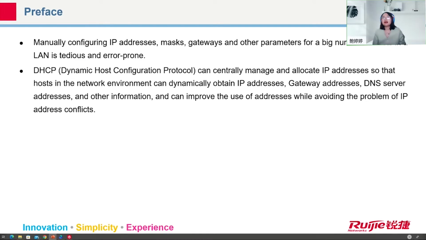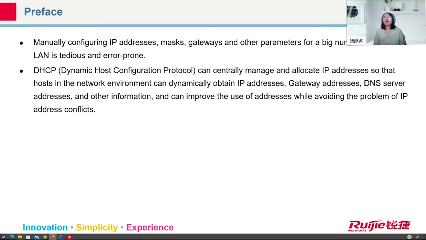So how do we assign the IP address for the terminal? We have two types. One is static. Static means one by one, manually giving the terminal its IP address, okay? Another one is to use DHCP, Dynamic Host Configuration Protocol. We can use this protocol to allocate the IP address from the DHCP server.